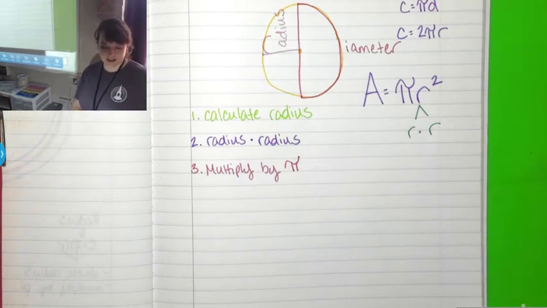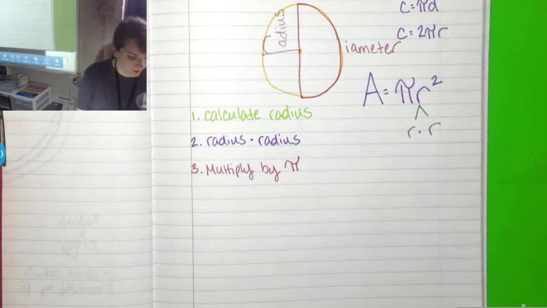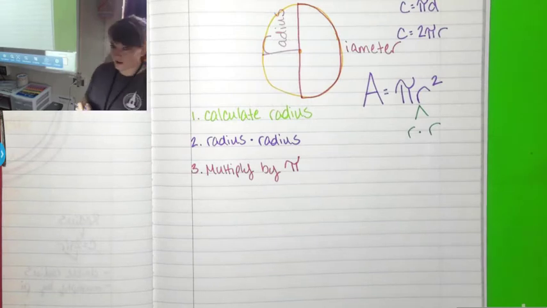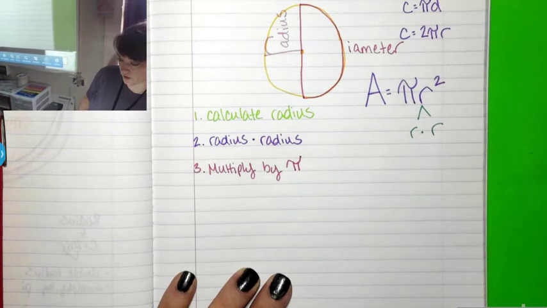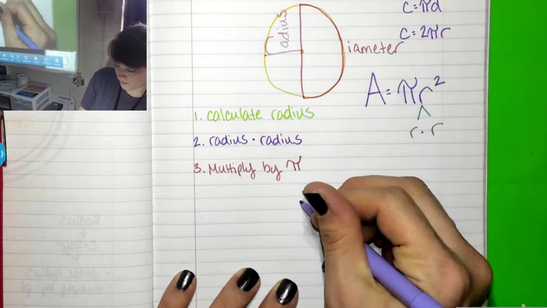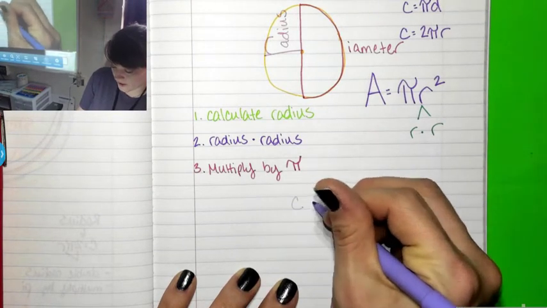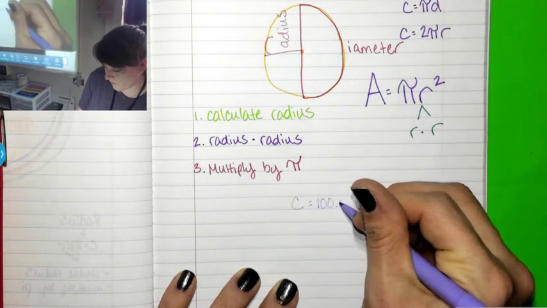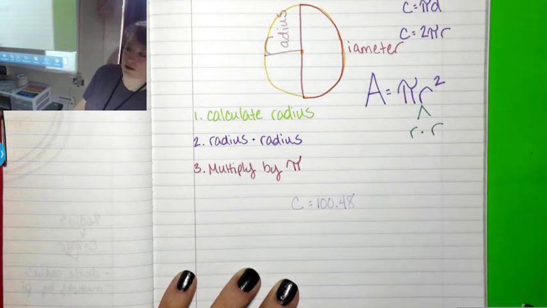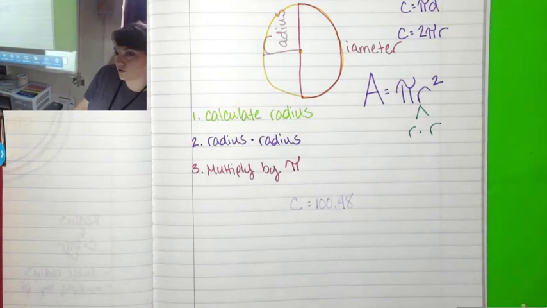Now we're going to take it a step further. If I told you the circumference of a circle, if I said the circumference of a circle is 100.48, could you go backwards and then find the area? You can, yes.